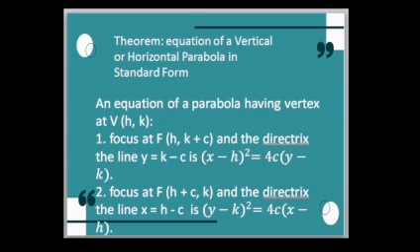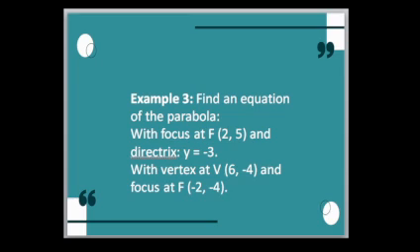So we have here example number 3. Find an equation of the parabola with focus at F, we have 2 and 5, and directrix L is equal to Y equals negative 3. And example 2 is with vertex at V is equal to 6 and negative 4, and focus at negative 2 and negative 4.